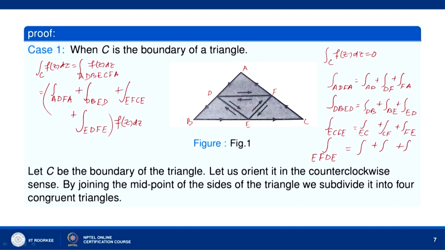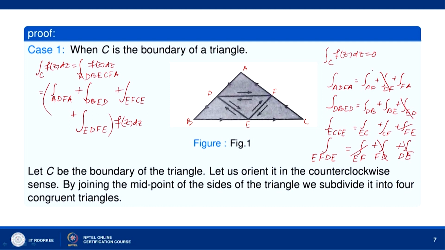And in the case of the triangle, E F, F D, and then D E. Now, they cancel: D F cancels with F D because they are in opposite directions, then D E cancels with E D, and E F cancels with F E.